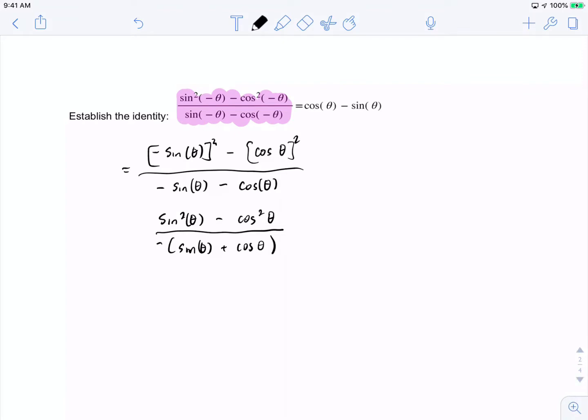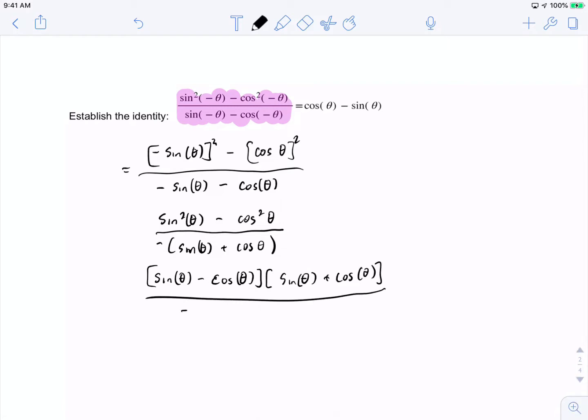Since the numerator is a difference of squares, I know that I can write that as sine of theta minus cosine of theta times sine of theta plus cosine of theta, over negative sine of theta plus cosine of theta. And we can see here, we can cancel some things.